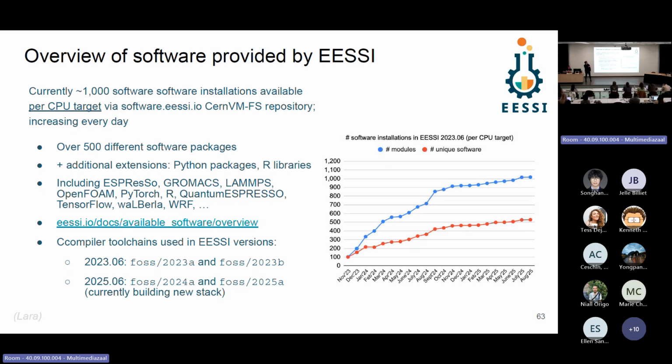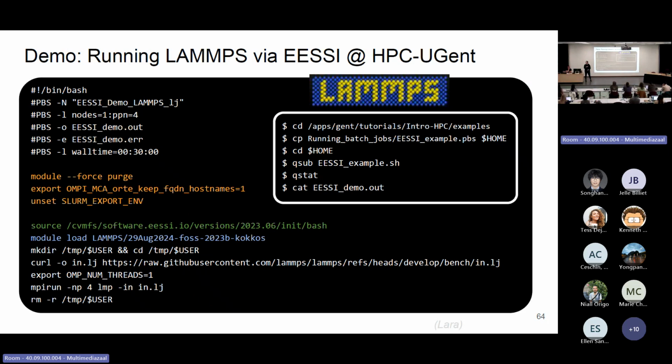If you want to find the full overview of software that is installed there, you can find it in the documentation. The reason we're highlighting this right now is that we want to inform everybody that this is now also available on our cluster here at UGent, so that if you start using it maybe on your laptop, you can also use it on the clusters.